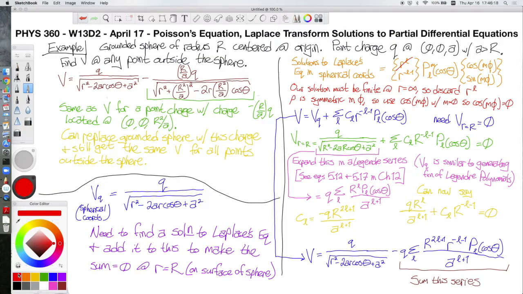And because of this fact, this method of solution is known as the method of images, which can be a very helpful way for simplifying complicated problems involving grounding in electrostatics.